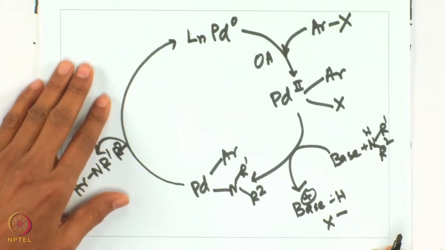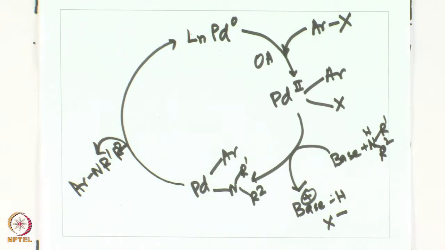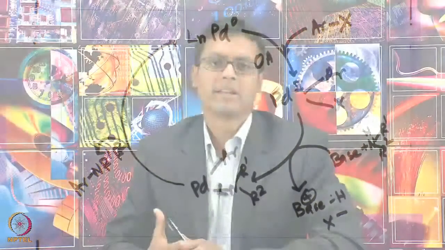As you can see, we have a very generalized mechanism here. It is not stepwise, we have not drawn this stepwise yet. What we have shown is that palladium 0 will oxidatively add into ArX, then the amine will participate in the reaction, and following amine coordination and deprotonation, it will be transmetallated.